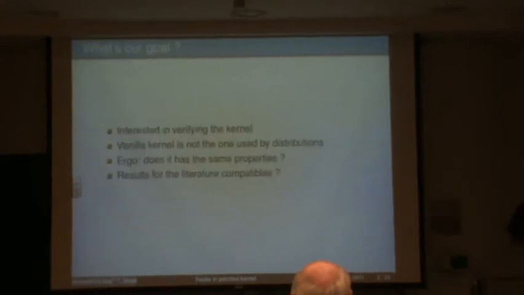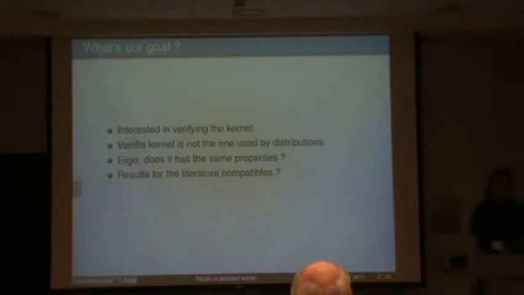So, what's our goal? We are interested in verifying the kernel, as I said previously. And it's obvious that the vanilla kernel is not the one used by distributions by default. It's nothing new for you guys, but it's better to remember it. So we ask ourselves one question: does it have the same properties?